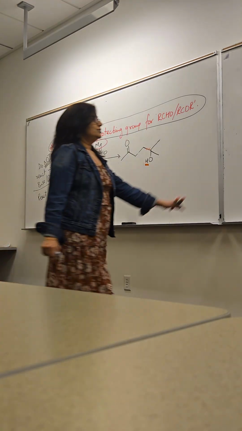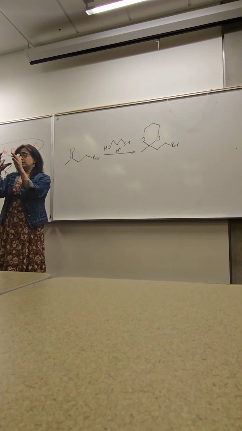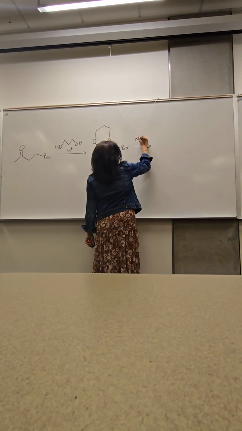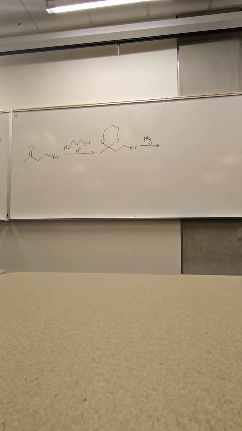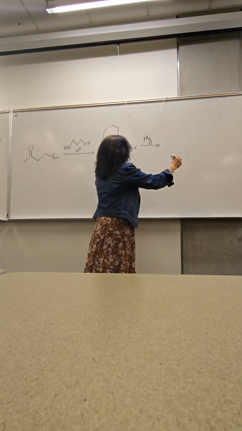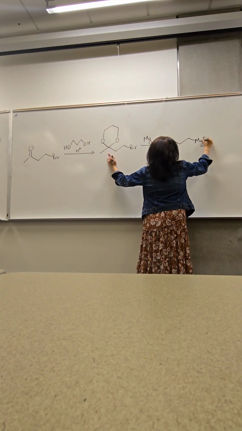So we convert the aldehyde or ketone into an acetal. Then we make a Grignard with Mg. Is there an acid? Is it H plus? No, the acetal is totally safe. It doesn't do anything. We can make a Grignard.